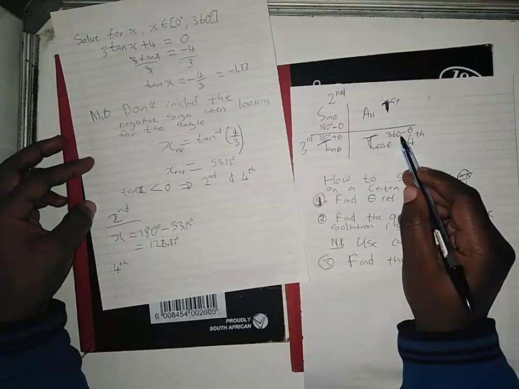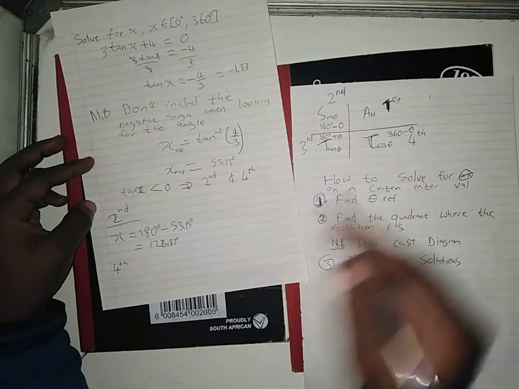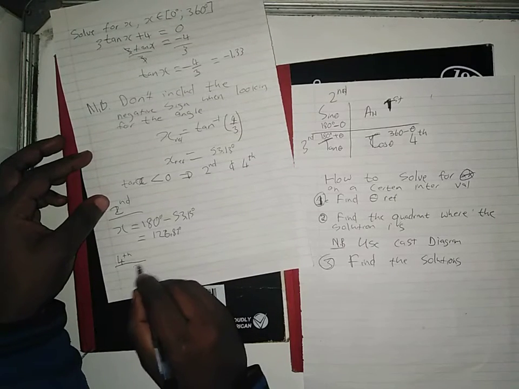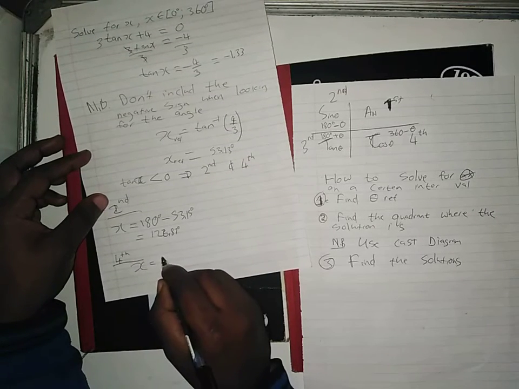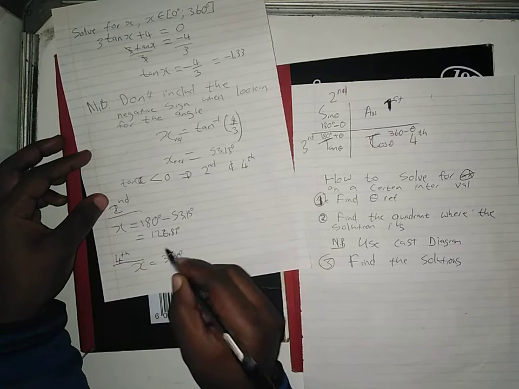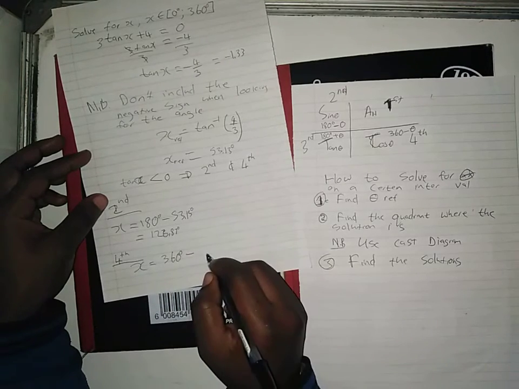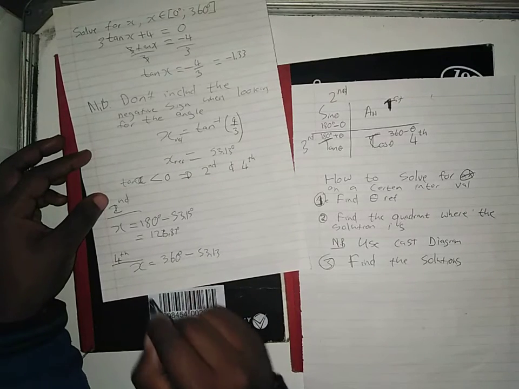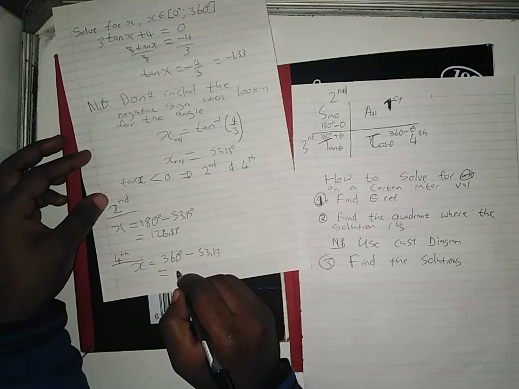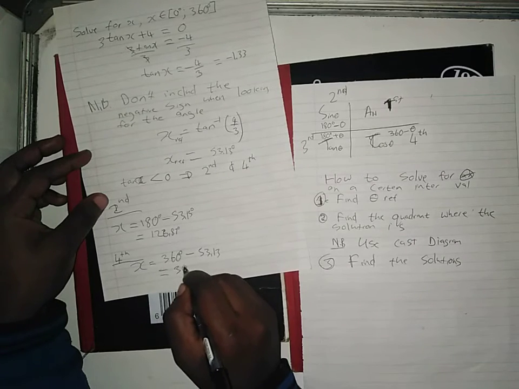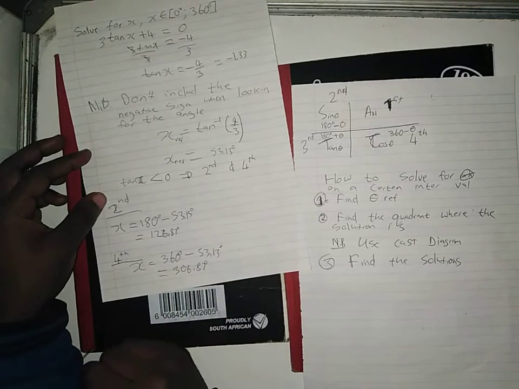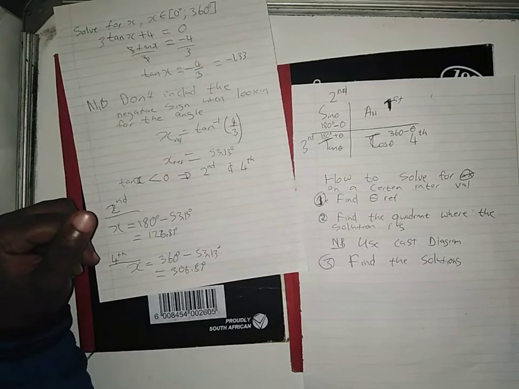We've already said that in the fourth quadrant we always use 360 minus. So x is equal to 360 degrees minus theta ref, and theta ref in this case is 53.13. You can check with your calculator: we get 306.87 degrees. Now is this solution correct?